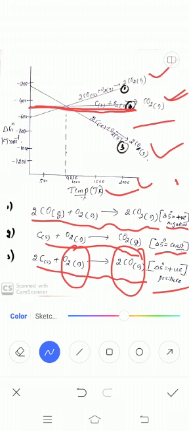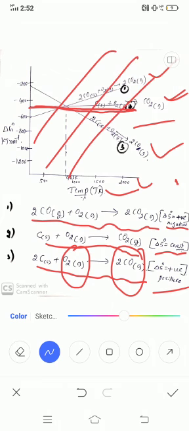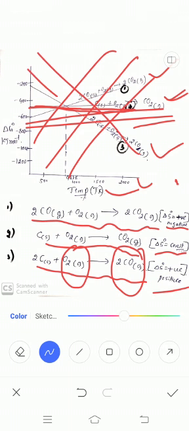So what we have to understand from this is, for any reaction, for any equation, if delta S naught is negative, the lines are like this. If delta S naught is constant, then lines are like this. If delta S naught is positive, they are in the downward direction.